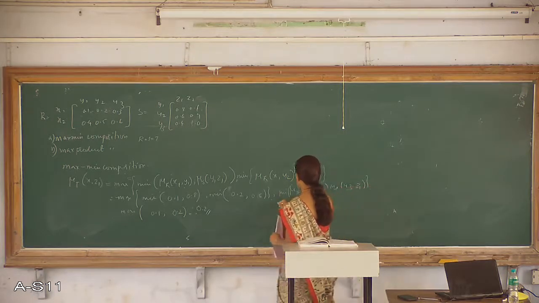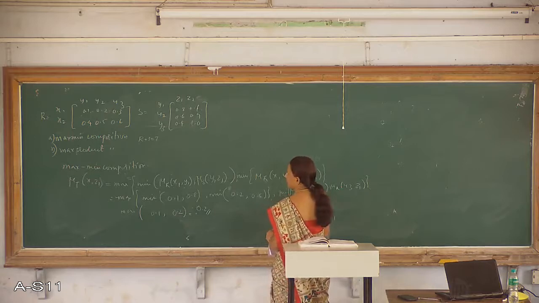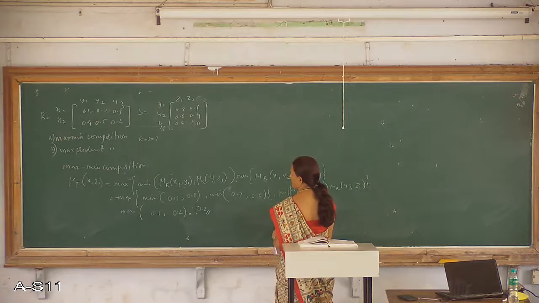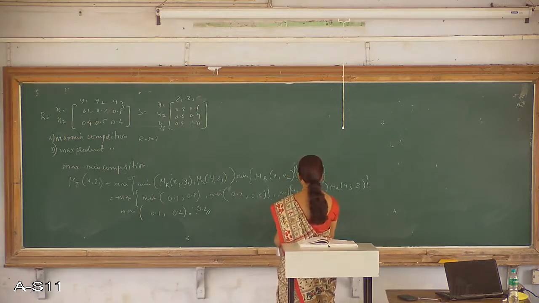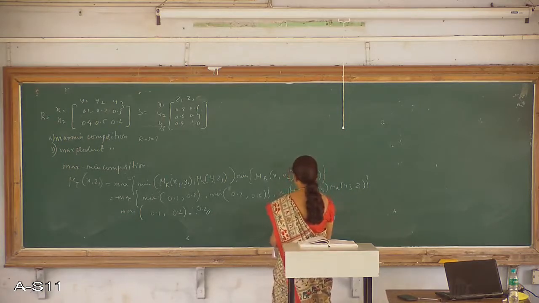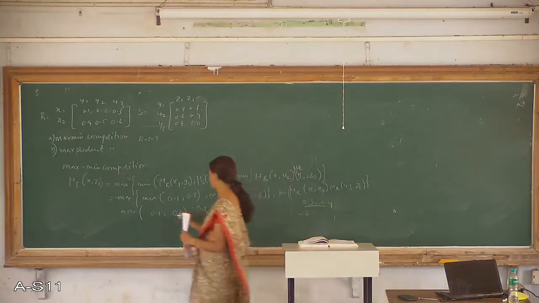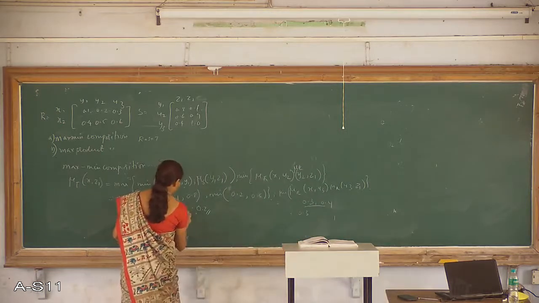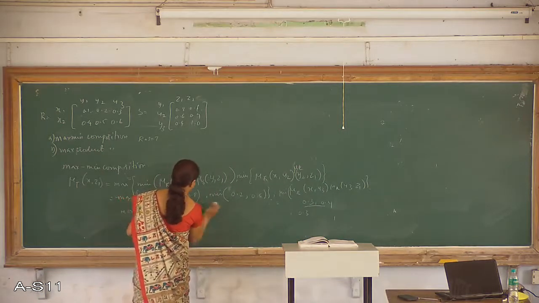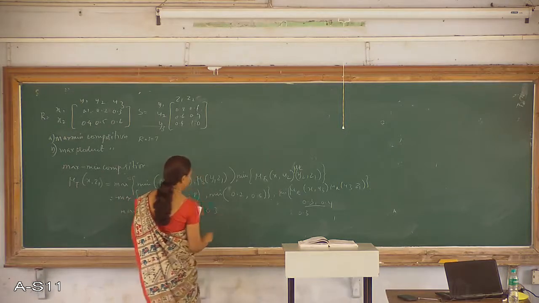So this will be what? Minimum of x1 y3 is 0.3 and y3 z1 is 0.4. Minimum of this will be 0.3 and max will be 0.3 here. So you can add here 0.3. So the answer will be 0.3 because I have 3.